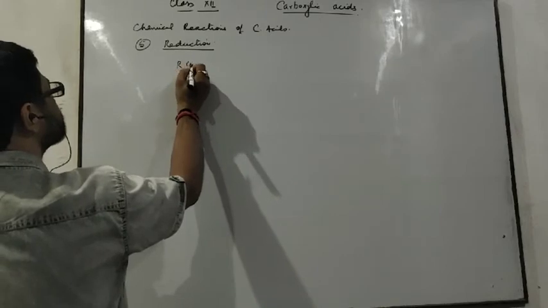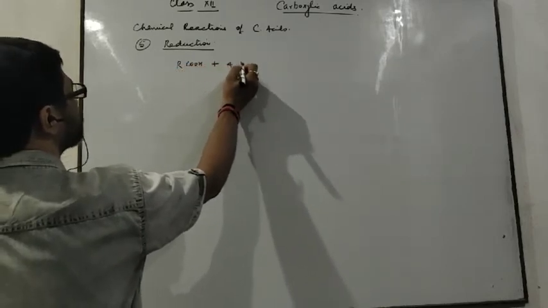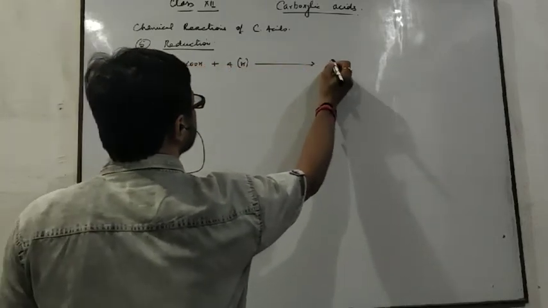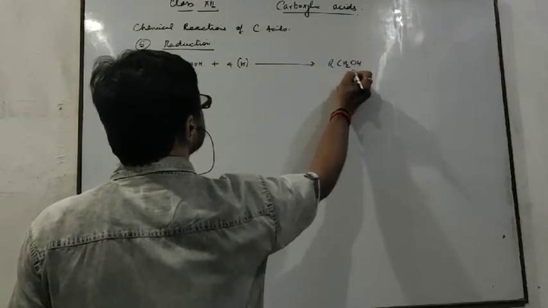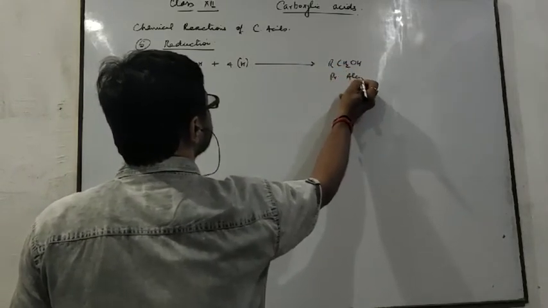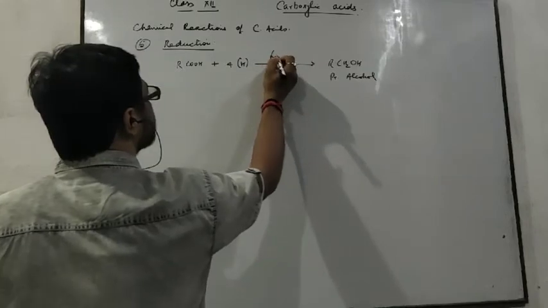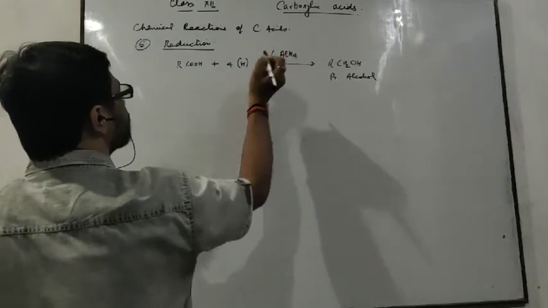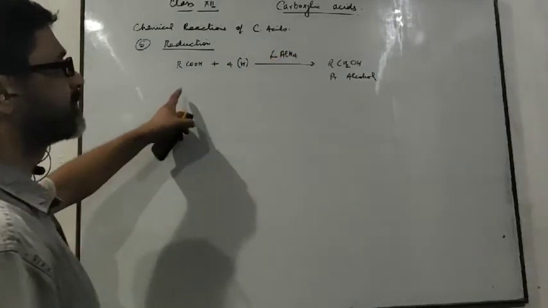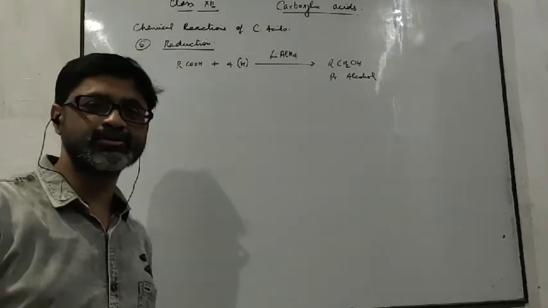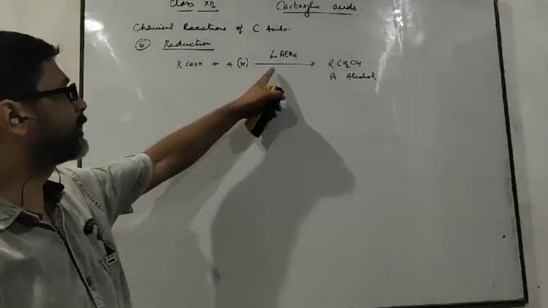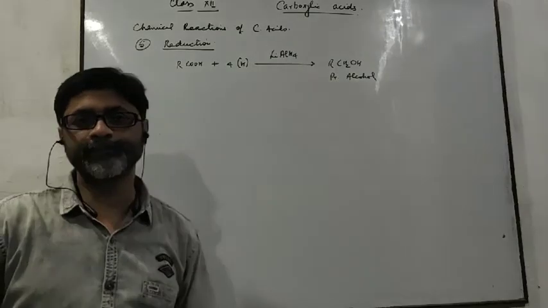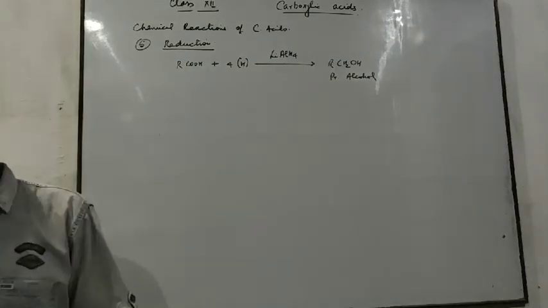Reduction: RCOOH, these carboxylic acids directly reduce to form RCH2OH, means primary alcohol is formed in presence of lithium aluminium hydride. Okay.